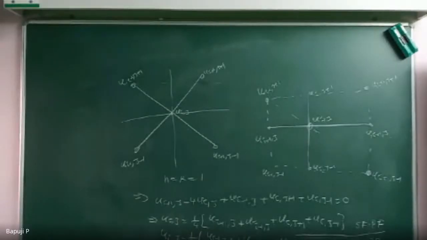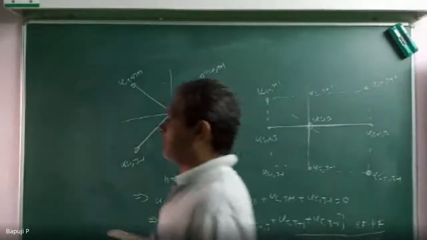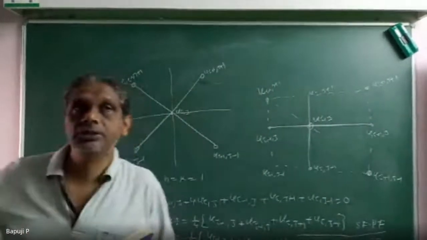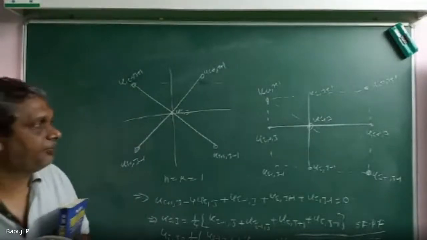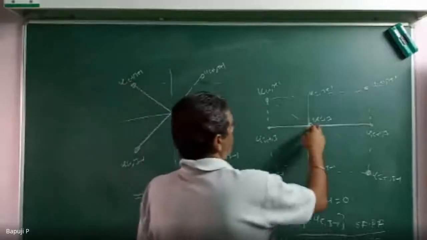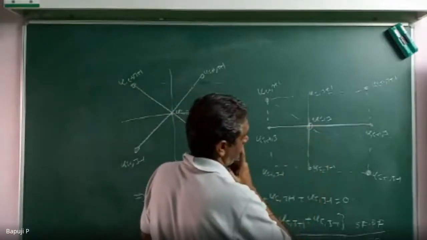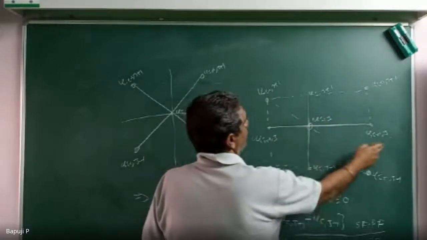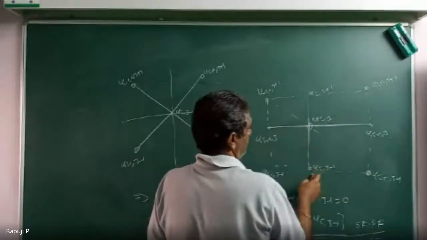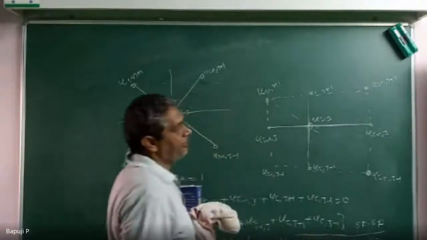Last class, for the Laplace equation or elliptic equation, Uxx plus Uyy is equal to 0, we found the initial values using the standard 5-point formula. U(i,j) is equal to the average of U(i-1,j), U(i+1,j), U(i,j+1) and U(i,j-1).